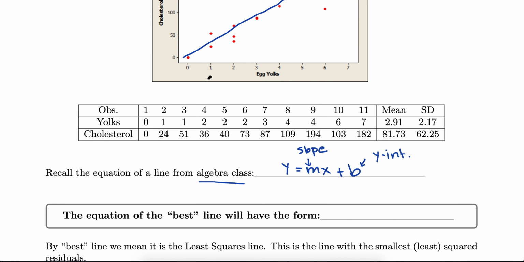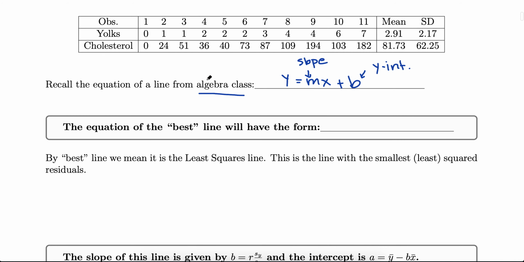We're going to use a similar formula in stats, and it's actually the exact same formula, but we use slightly different notation. We're going to use y hat to denote the predicted y, and instead of b for the intercept, a is going to be our y-intercept, plus bx.